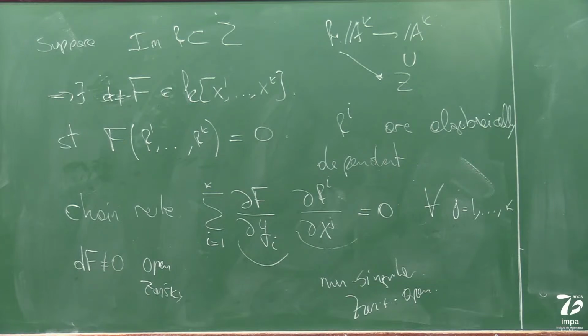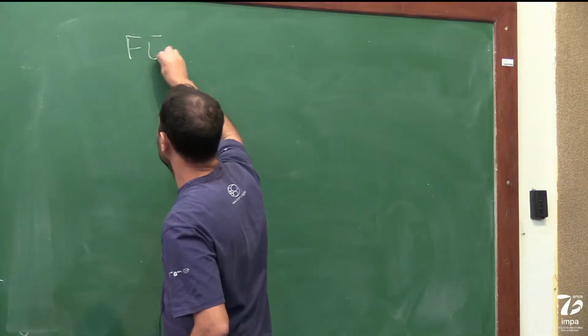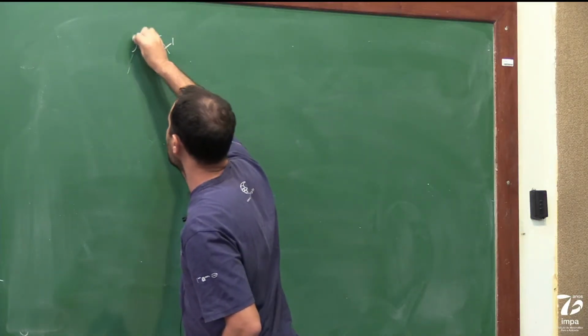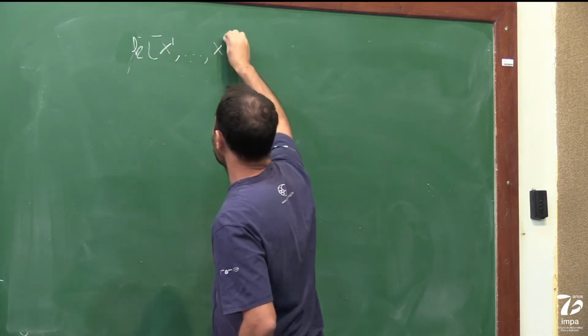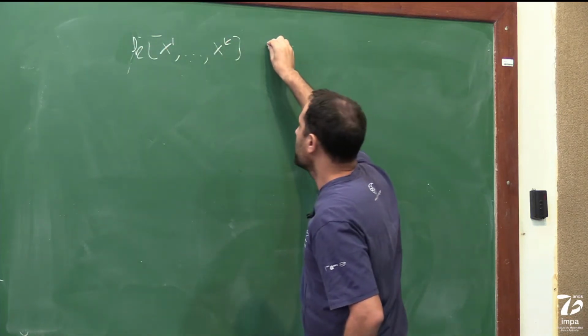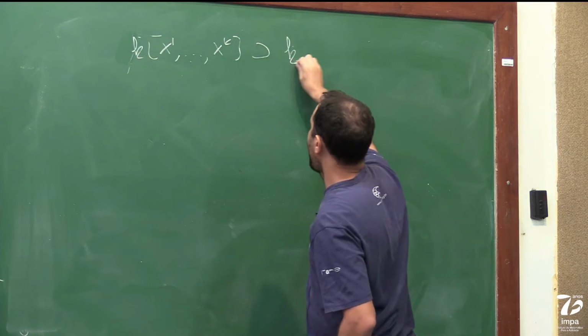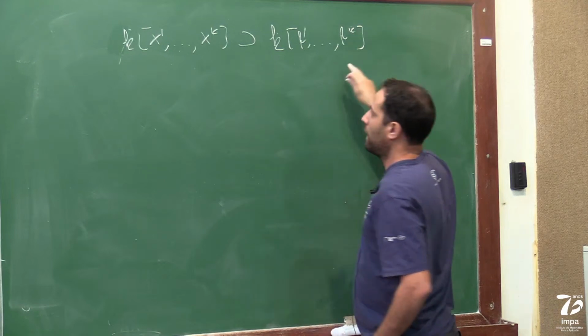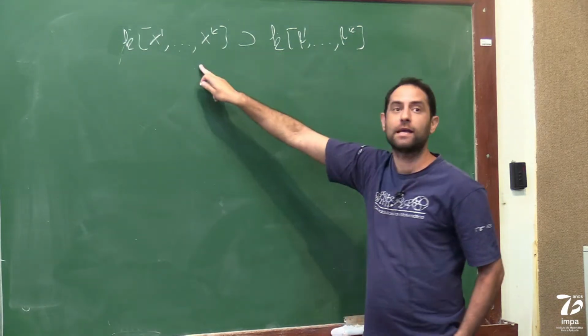If they are algebraically independent, it means that we have this extension. We have k(x1, ..., xk), and inside of it we have k(F1, ..., Fk). Now we just check that this is an algebraic extension of this field.